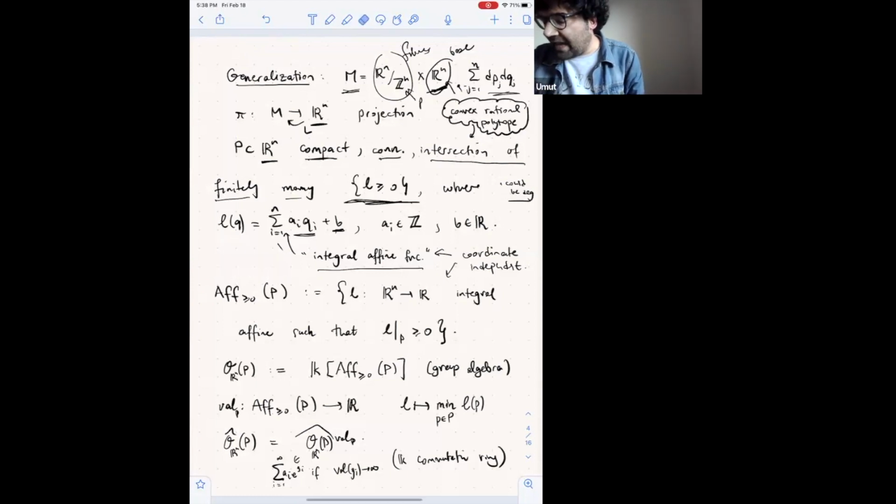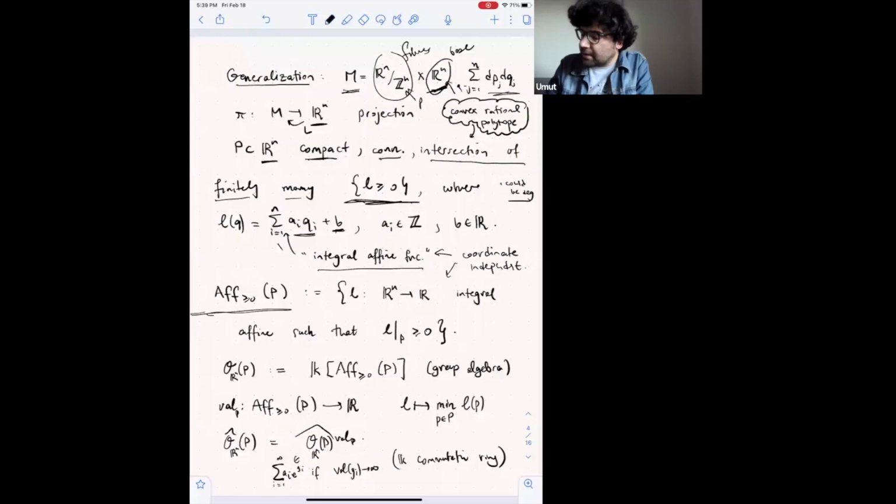So of course, if n is equal to 1, the interval that I considered in my previous computation is an example of such a convex rational polytope. Okay, so now I want to consider the following functions on this polytope.